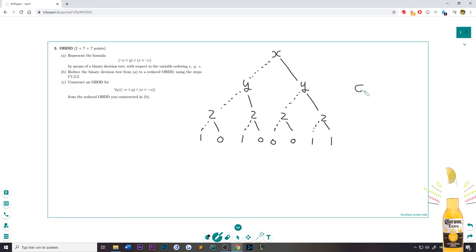So we're going to apply C1, right? Collapse the leaf nodes. These are both going to go to 1. This one's going to 1. This one's going to 1. And everything else is going to go to 0.